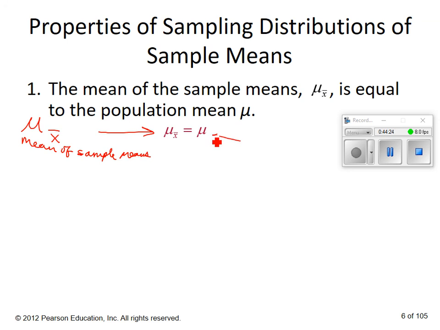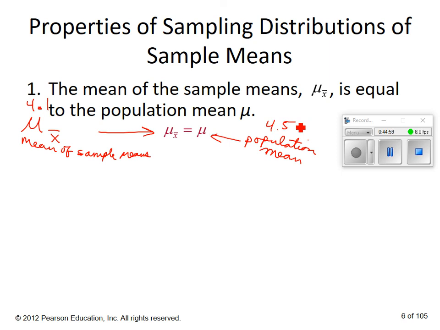This is the population mean. What did we say the population mean was for our set of numbers? 4.5. Our sample means was what? 4.1. The mean of the sample means was 4.1, so ours came out to be 4.1 here, and the population came out to be 4.5.